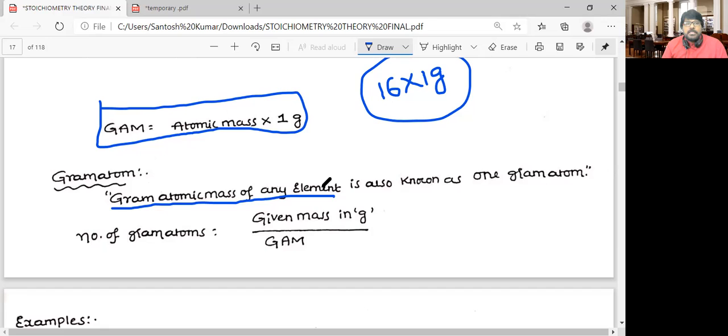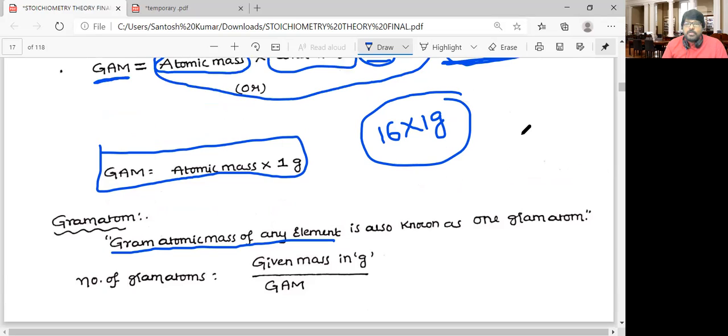Similarly, you take some amount of mass which is equal to gram atomic mass, then it is called gram atom. For example, oxygen. What is the gram atomic mass of oxygen? 16 grams. Instead of writing this 16, simply we can write 1 gram atom.